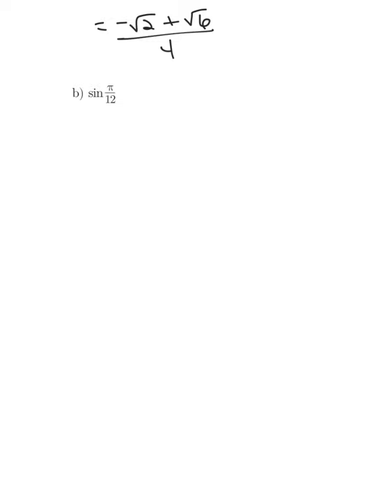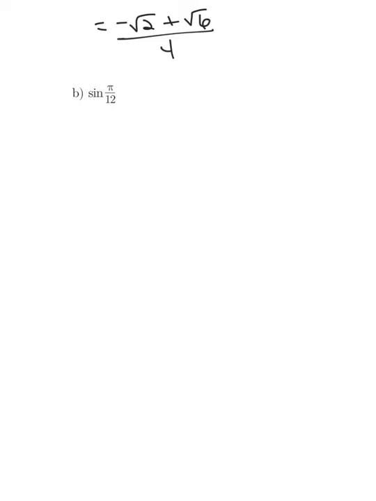Think of something easy that you could subtract to get a numerator of 1. For example, 3 minus 2 equals 1. And 3 pi over 12 simplifies to be pi over 4. 2 pi over 12 simplifies to be pi over 6.